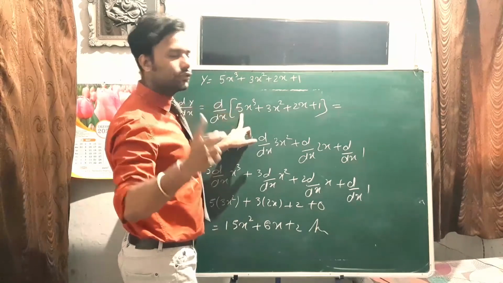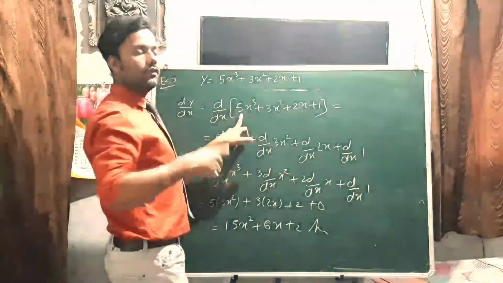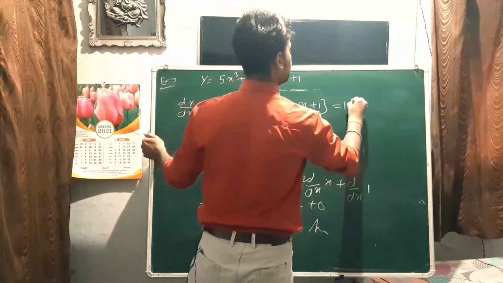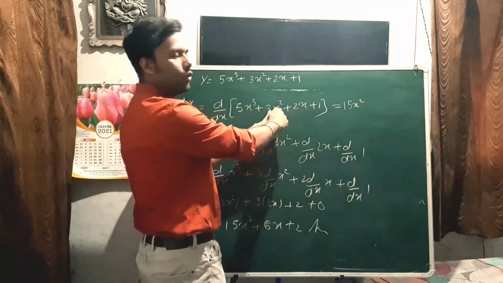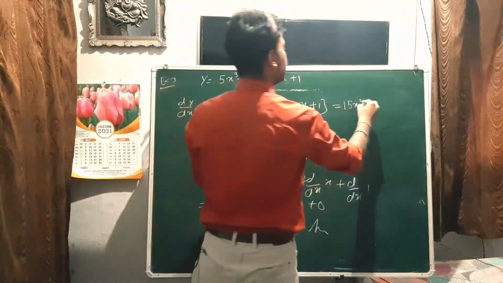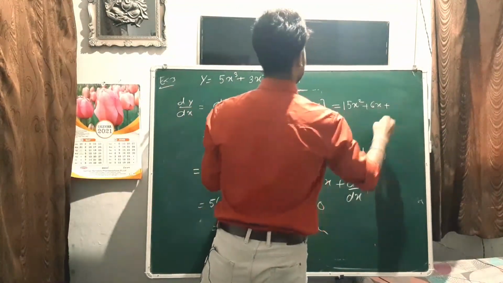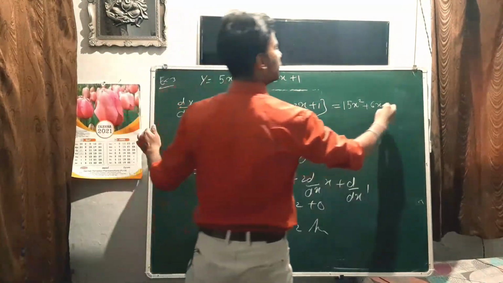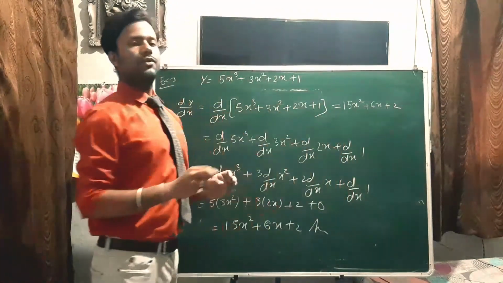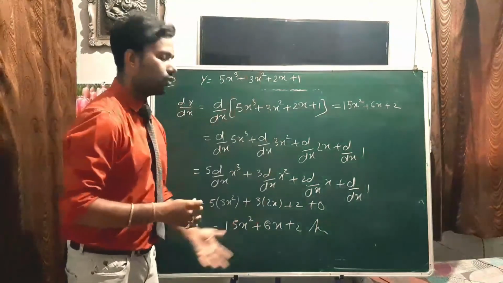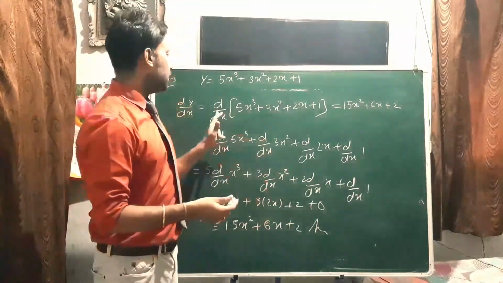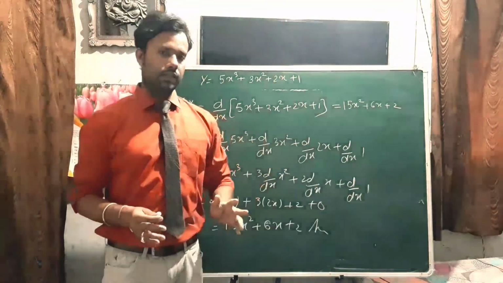So 3x square will multiply with 5, that will be 15x square. Now again x square will be 2x, 2x multiplied with 3 will be 6x plus 2, and the constant will become 0. So once you come into practice, you don't have to do this so long. You can directly solve the equation like this.